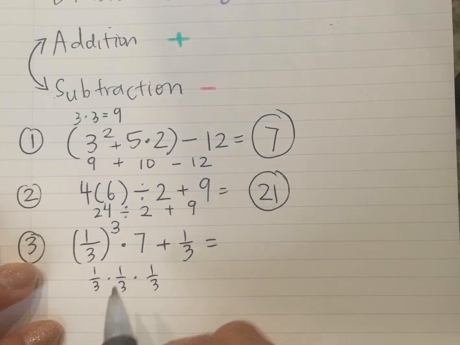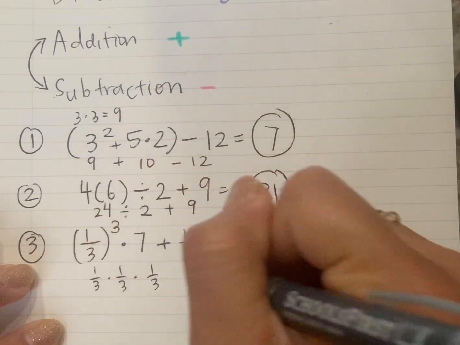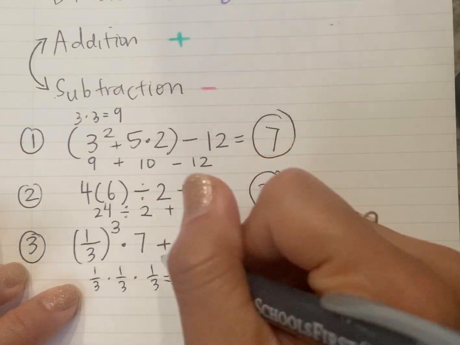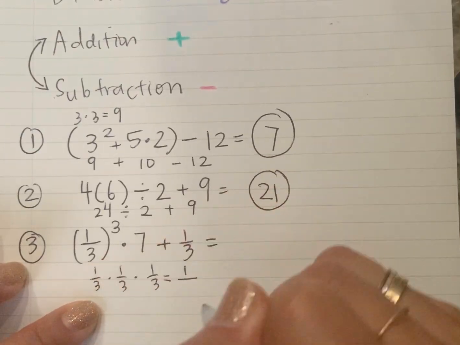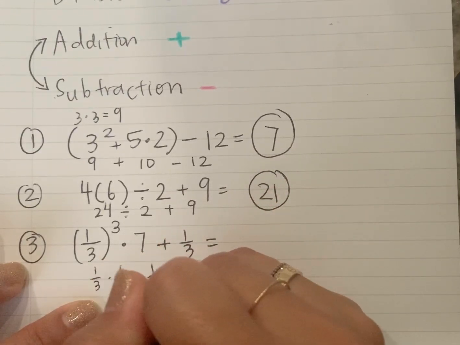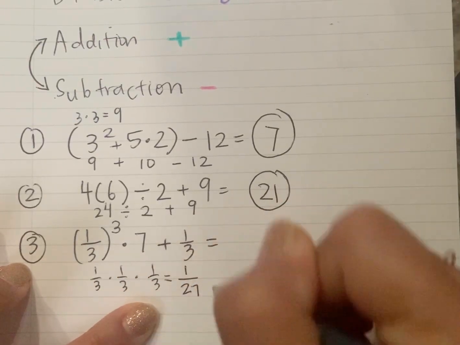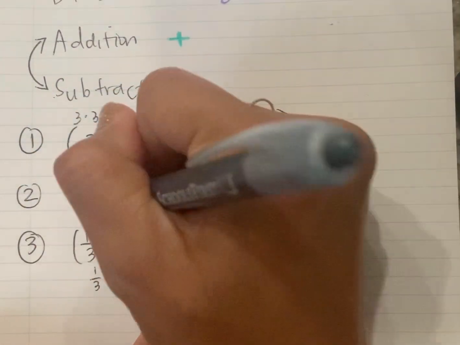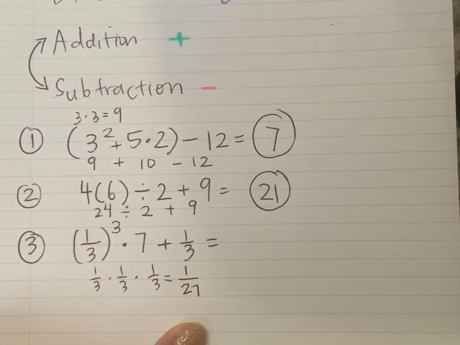When we look at how we do multiplication of fractions, we know that we're going to multiply across. 1 times 1 times 1 is 1. 3 times 3 is 9. 9 times 3 is 27. Okay, so this 1/27th is this answer right here.